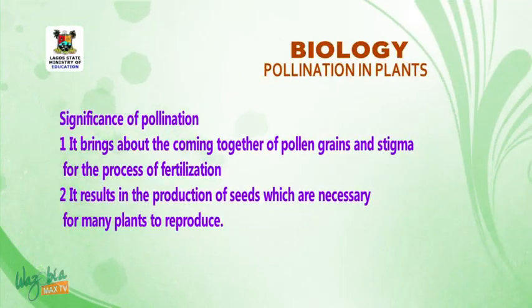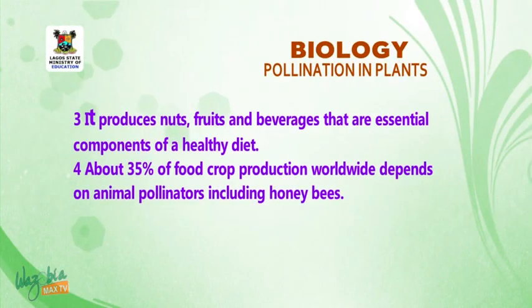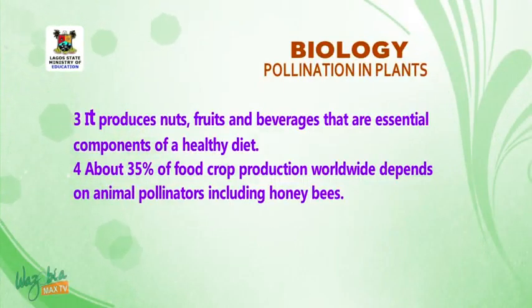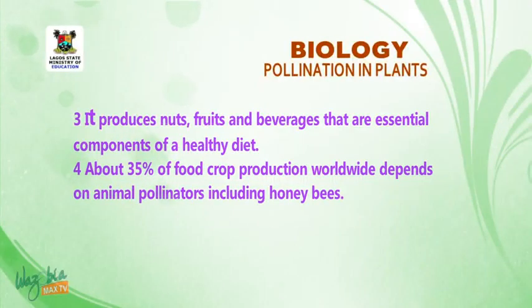It results in the production of seeds which are necessary for many plants to reproduce. 3. It produces nuts, fruits, and beverages that are essential components of a healthy diet. And lastly, about 35% of food crop production worldwide depends on animal pollinators, including honey bees.